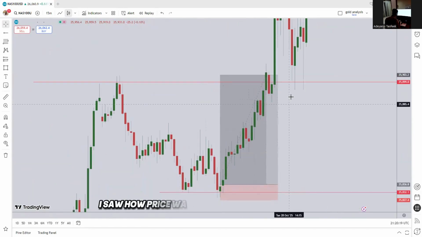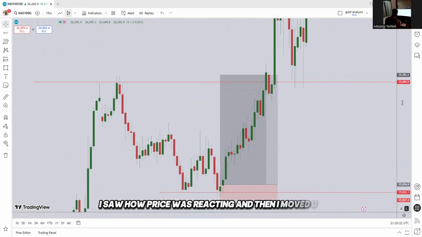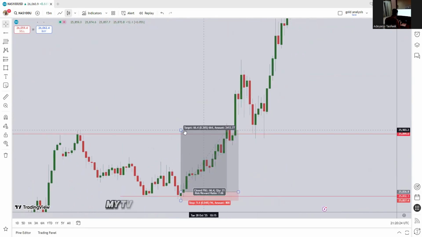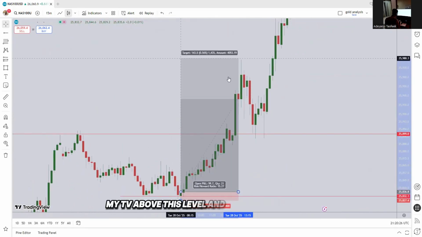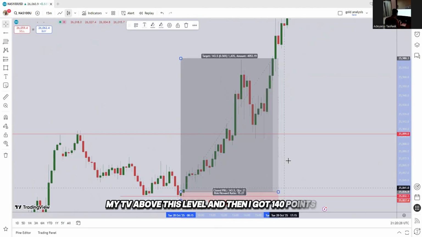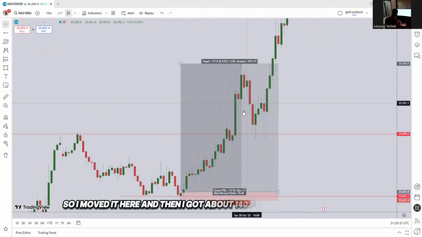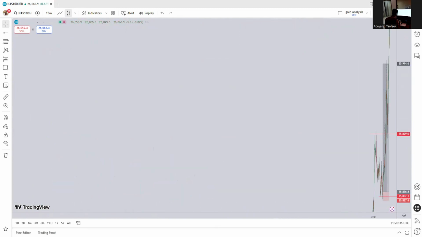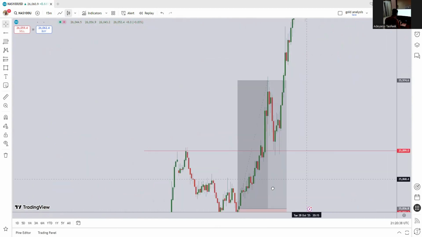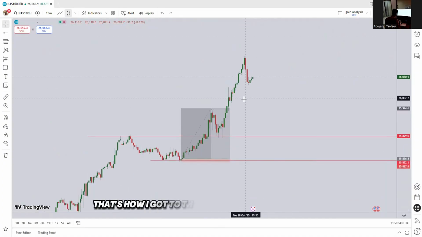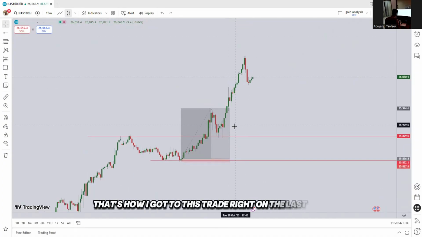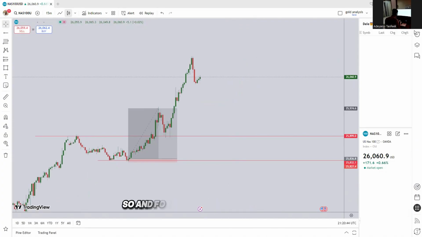I saw how price was reacting, and then I moved my TP above this level, and then I got 140 points. So I moved it here, and I got about 140 points from this trade, and that's how I got this trade on Nasdaq.